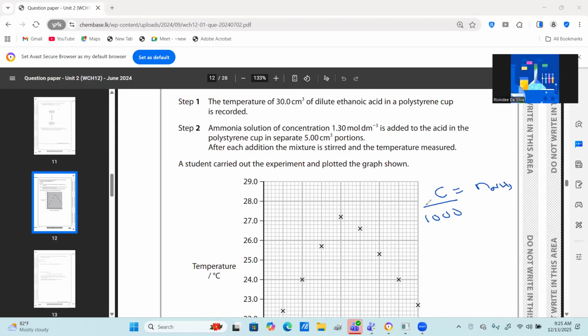That is 1.3 into 21 divided by 1000, where 21 is the volume. When you calculate it, it is 0.0273 moles of ammonia.